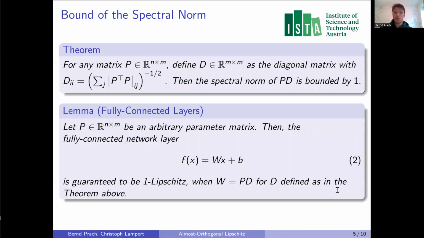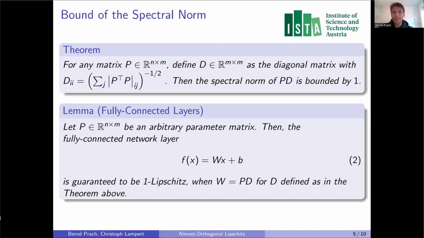We use this to create a fully connected one-Lipschitz layer by rescaling the parameter matrix of the layer as defined earlier. Note that when the parameter matrix P is already orthogonal, then the matrix D is the identity matrix, so no rescaling takes place. The proof of the theorem consists of finding an upper bound to the elements of P transpose P and can be found in the paper.